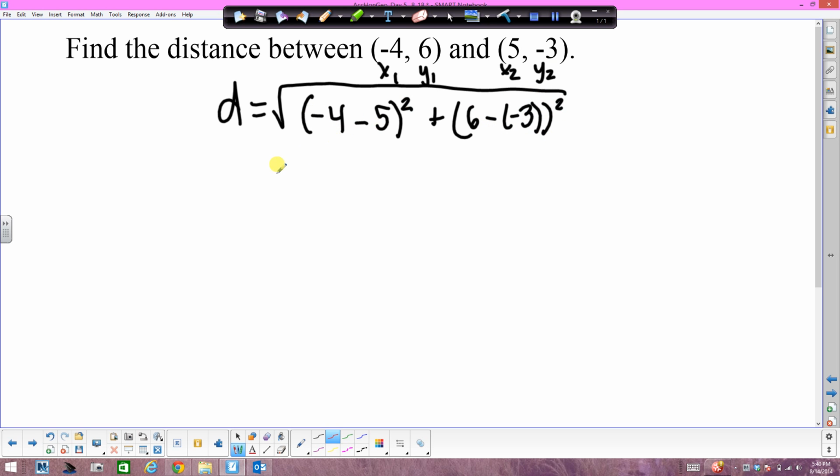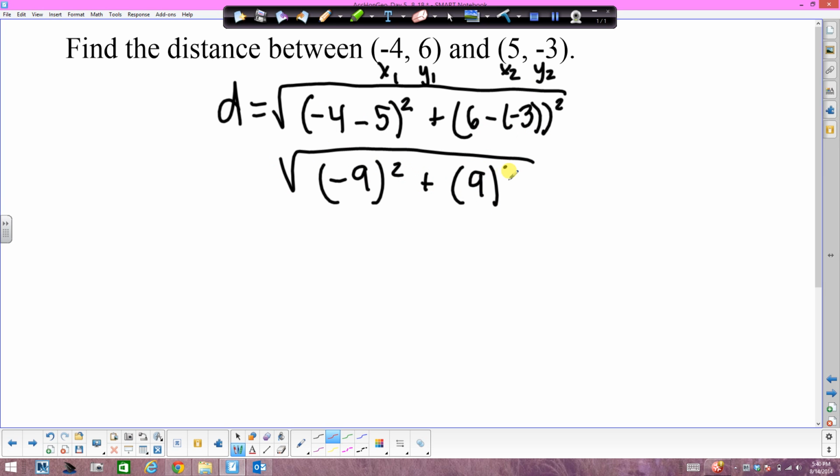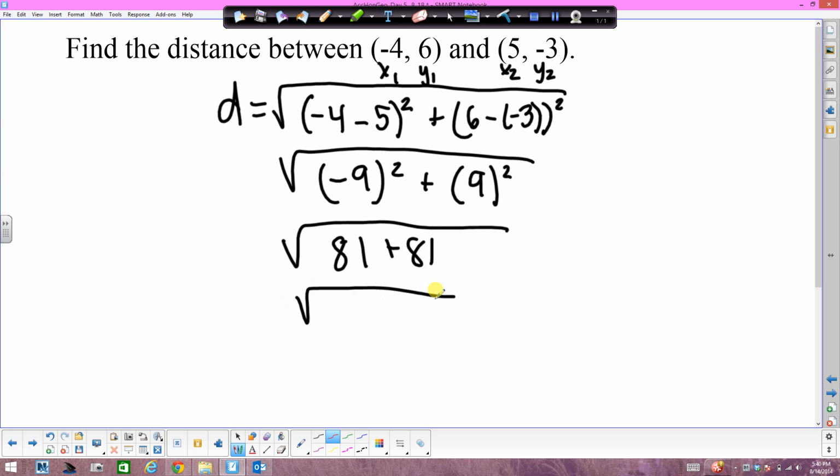So -4 minus 5 we know is -9 squared. Don't forget those parentheses because they're important. And then we have +9 squared. So we have 81 plus 81, which is the square root of 162.